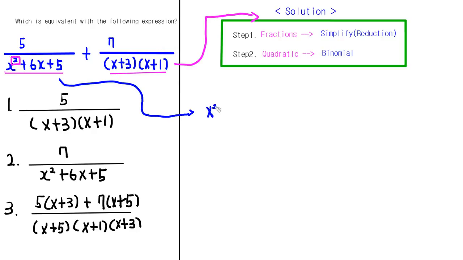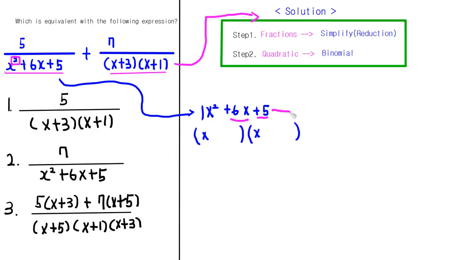So x squared plus 6x plus 5: the coefficient of x squared is 1, so we just write x times x. For the two numbers, if we add them together, we get 6, and if we multiply them together, we get 5.